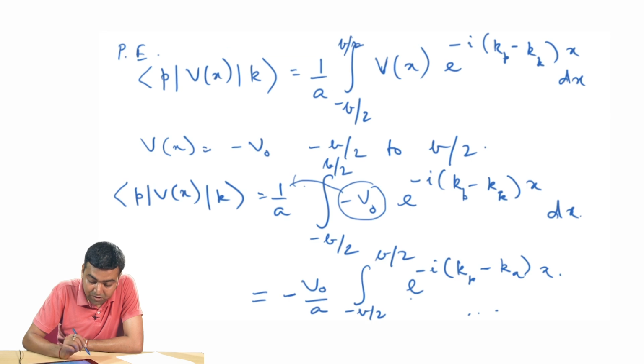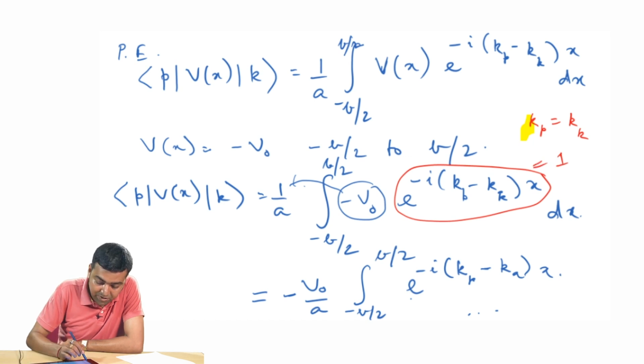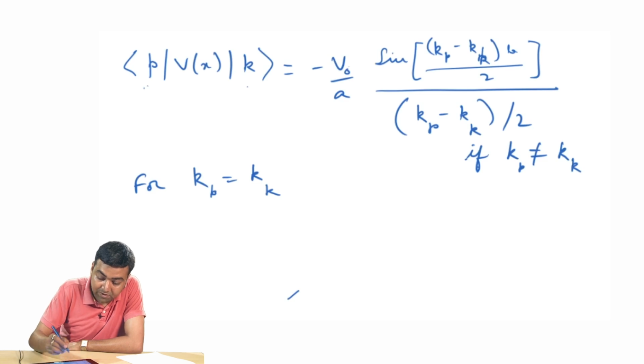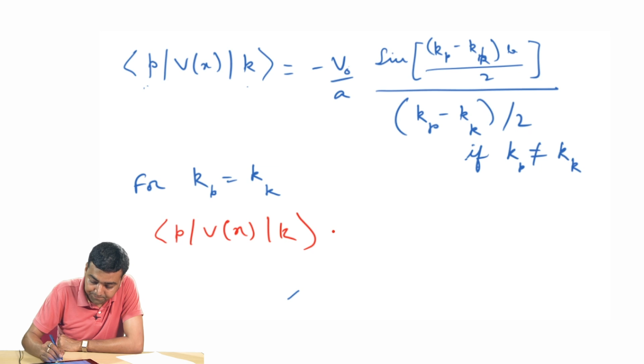So, if these two are the same, what happens to this term here? Let me use a different color. If my k p equals k k, this term will be equal to 1. So, if I do the integral, what I will get is the following: V x k will just be minus V 0 b by a.